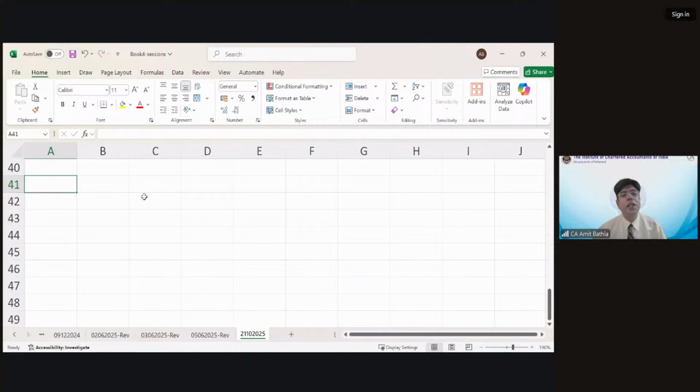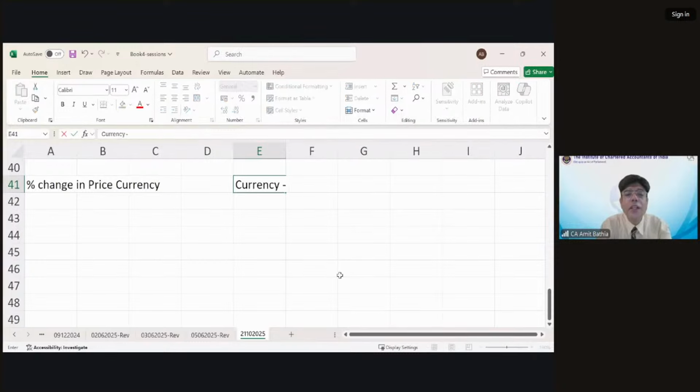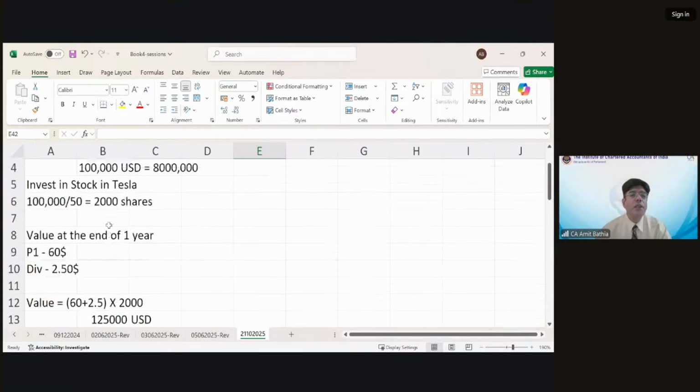Say my currency rate is expressed as INR to USD. So USD is my base currency and INR is my price currency, right? We have already taken one example. Which is that example?